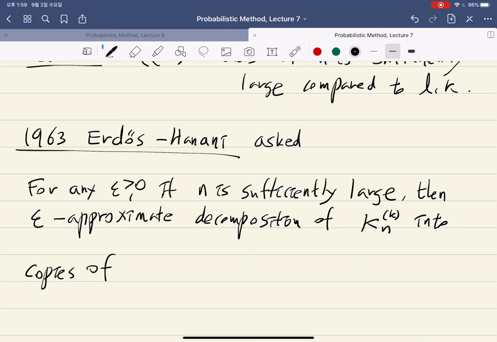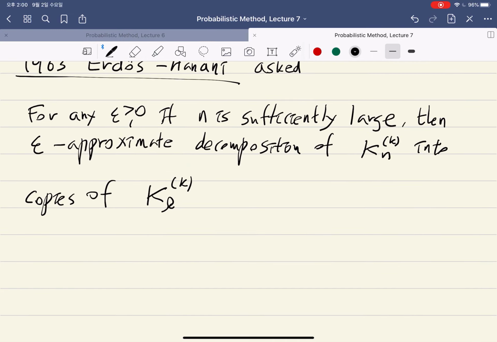copies of the l-vertex k-uniform complete graph, the complete hypergraph.